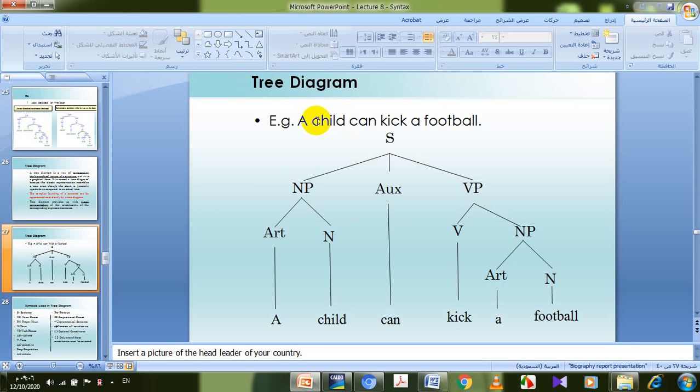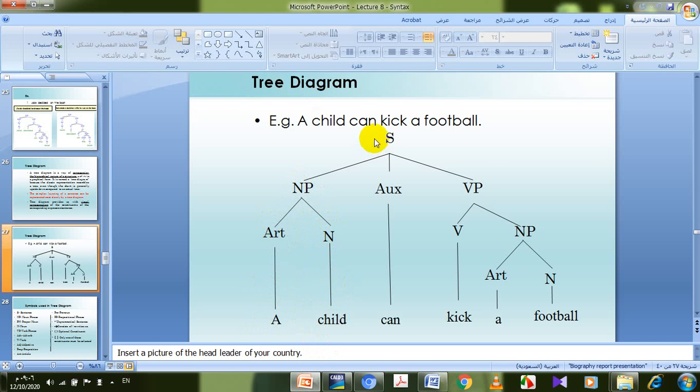So these are all possible explanations for a noun phrase: a proper noun, an article with a noun, an article and adjective with a noun. So in this case we have a noun phrase and a verb phrase. The noun phrase has two subdivisions, article, a, and noun, child.